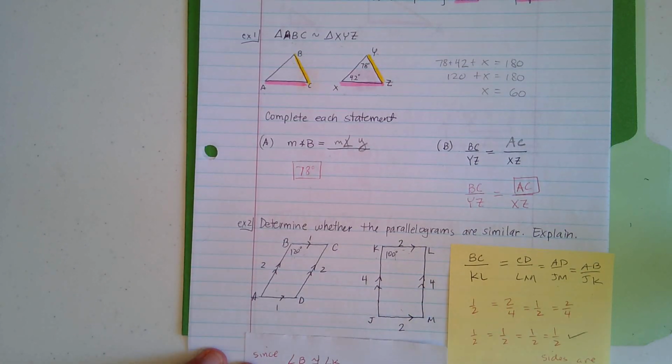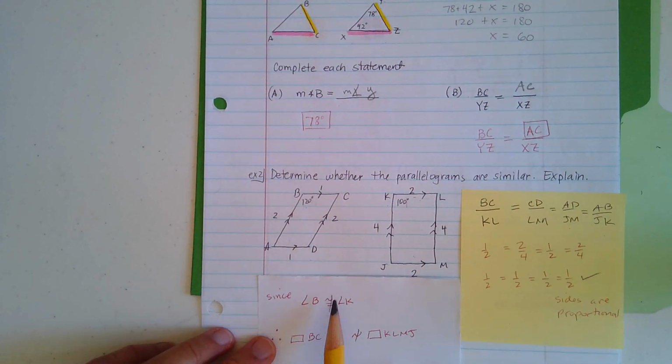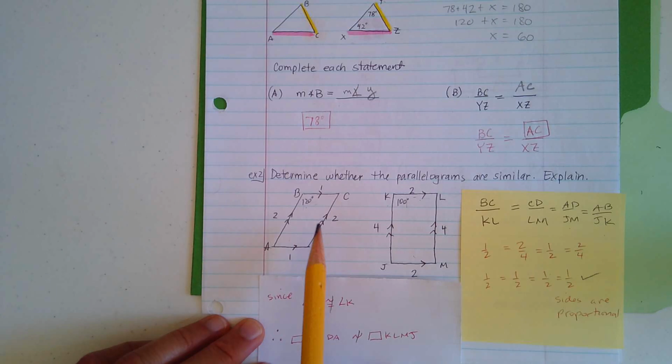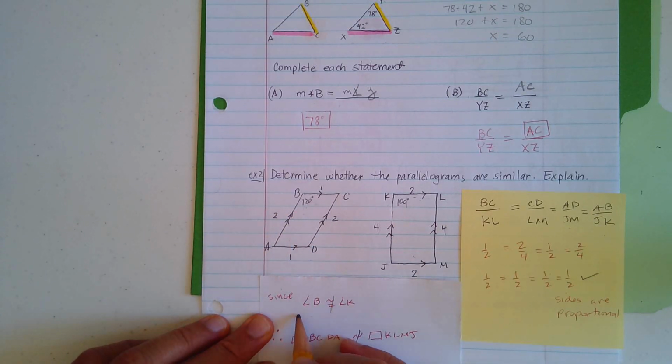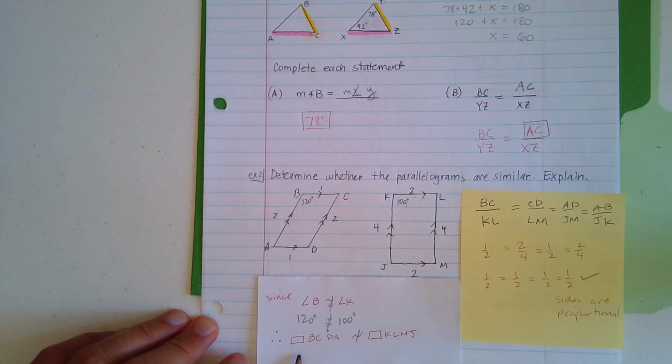But angle B is not congruent to angle K because angle B is 120 and angle K is 100. So these two angles are not congruent. Therefore, parallelogram BCDA is not similar to parallelogram KLMJ.